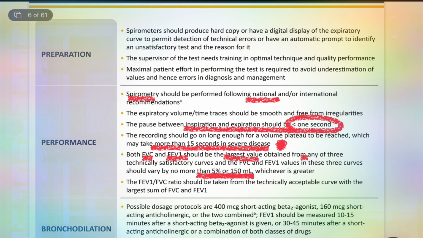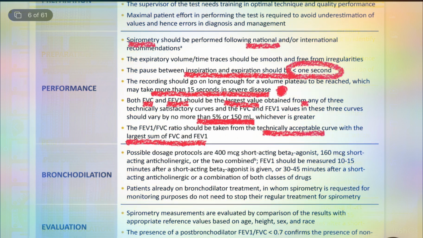So there should not be a difference of more than 5% or 150 ml. And we should select the largest value of all these three values. Then they are telling FEV1 upon FVC ratio should be taken from the technically acceptable curve with the largest sum of FVC and FEV1. Then what about the bronchodilation?